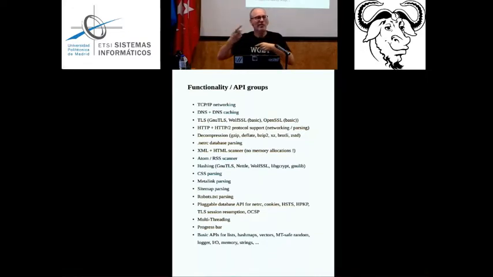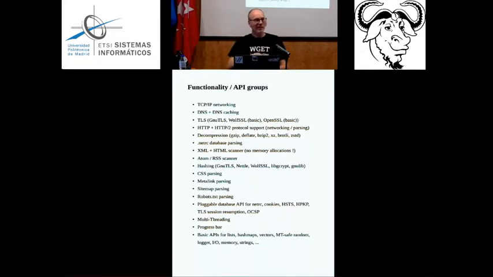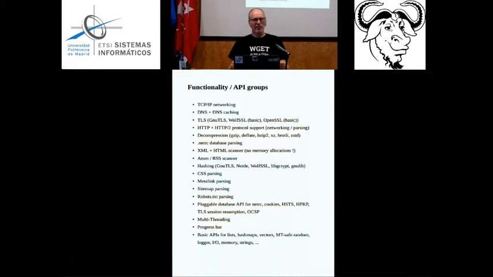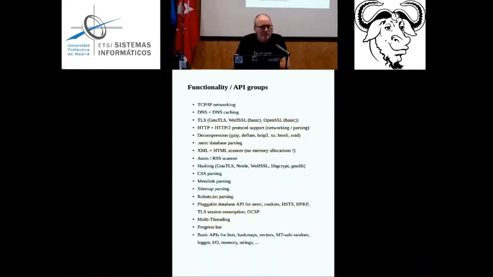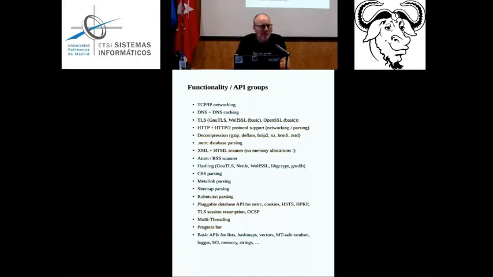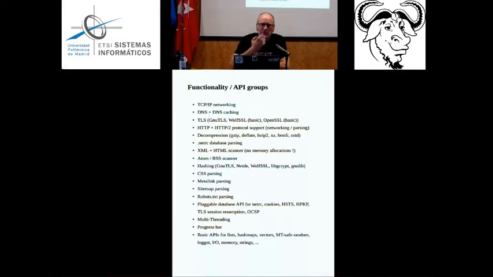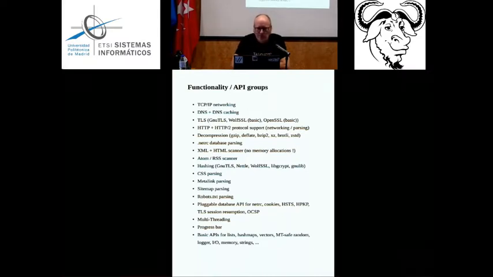So we have to scan the HTML files for URLs, links, and we download everything into a directory, a subdirectory, and everything. So you can basically have a mirror of your website.